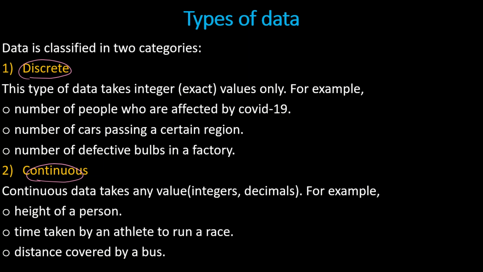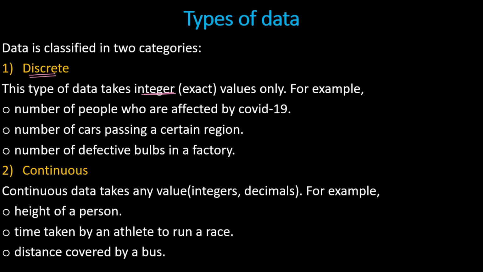Now, how can we distinguish, how can we differentiate between these types of data? Let us see. Whenever we talk about discrete data, it refers to information which take integer values only, meaning they are whole numbers.